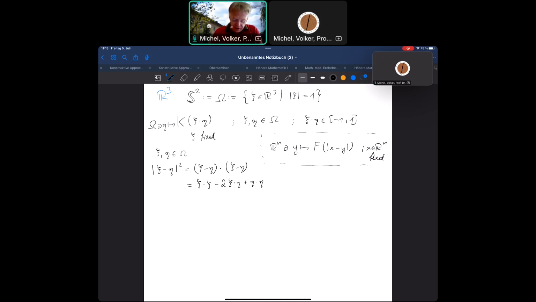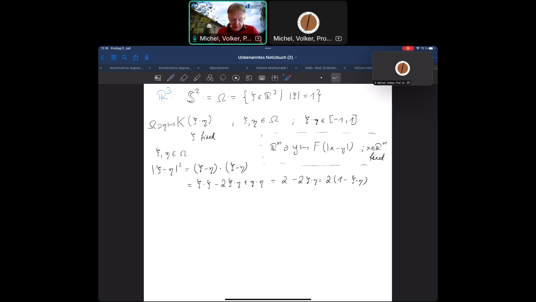Now, since xi and eta are unit vectors, the inner product with themselves is 1. So we get 2 minus 2 xi times eta, which is simply 2 times 1 minus xi times eta.